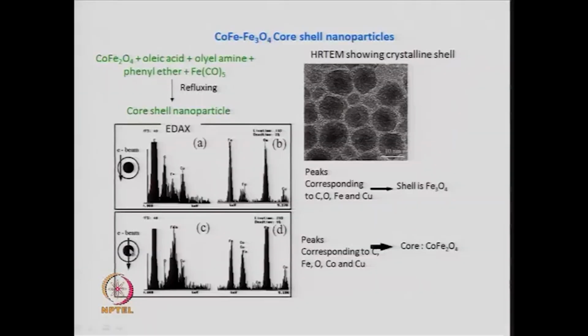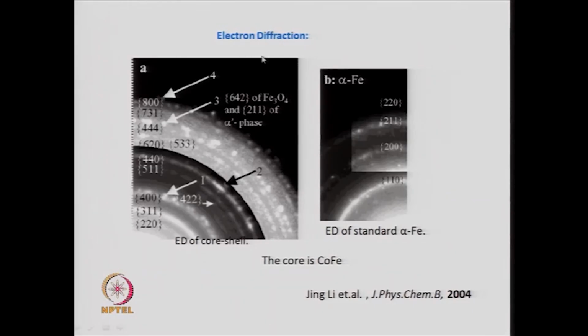You have to use some other methodology, called depth analysis. That means you have to remove the surface and then study, and then you can actually identify the real composition of the core. Now, you can also do electron diffraction, and from electron diffraction of the core shell structure you get particular spots, and these spots can be identified with the Fe3O4 structure and also with the alpha phase of iron, which can be due to the core which is made up of cobalt iron.